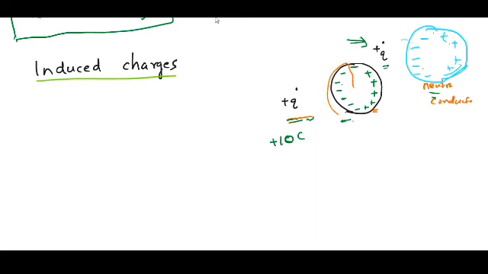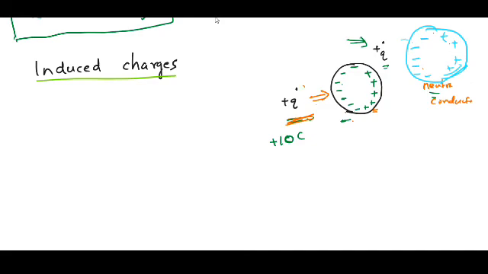Since the negative charges induced are closer to the plus Q charge, there is a net force of attraction between the external charge and the electric conductor. Okay. There will be an attractive force between these two.